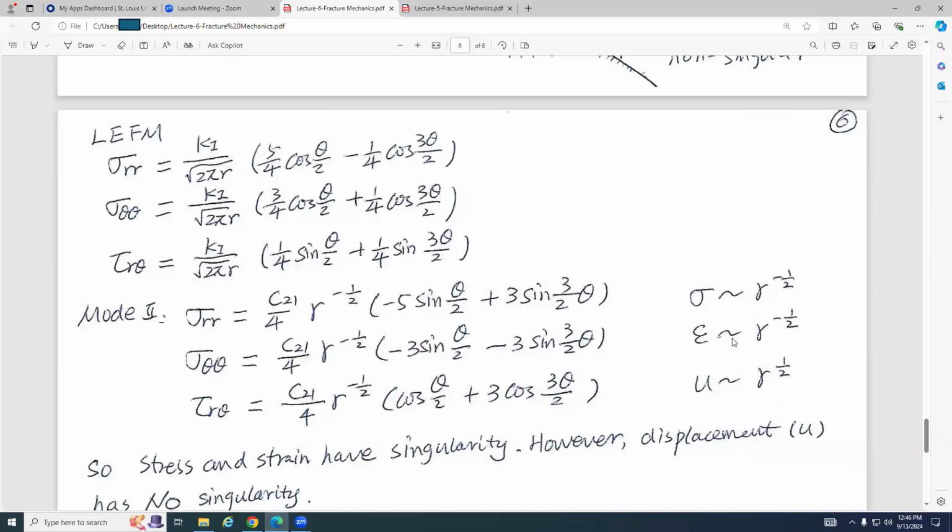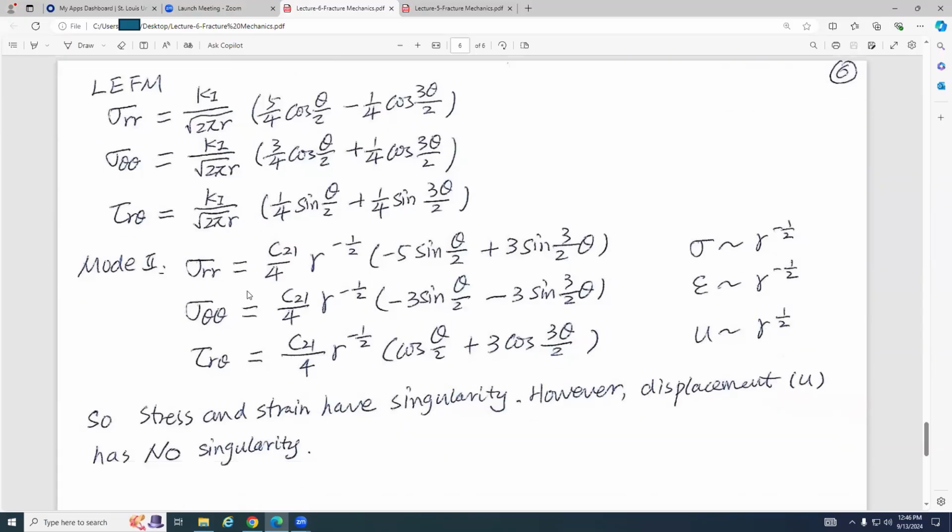And epsilon is also proportional to 1 over the square root of r, but u is proportional to root r. So you can see, for these equations, stress and strain have singularity, but for displacement, no singularity. But for displacement, there is no singularity.